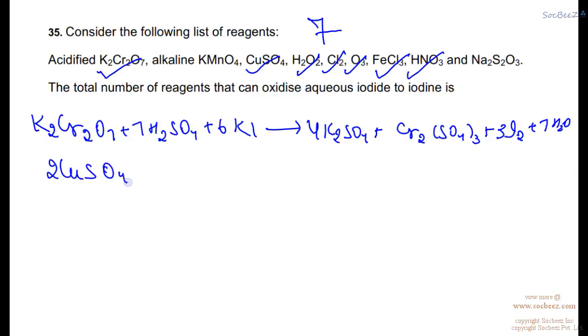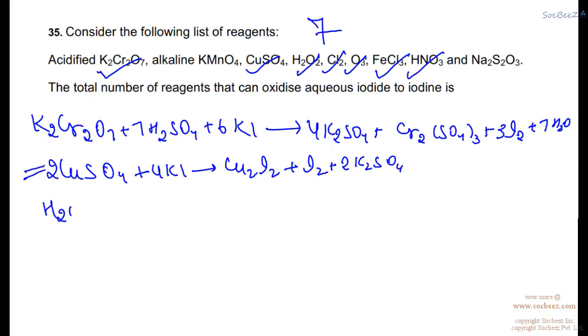With CuSO4, the reaction will look something like this: 2CuSO4 plus 4KI gives Cu2I2 plus I2 plus 2K2SO4. Well, this is a very important reaction. You may study it in your higher studies.